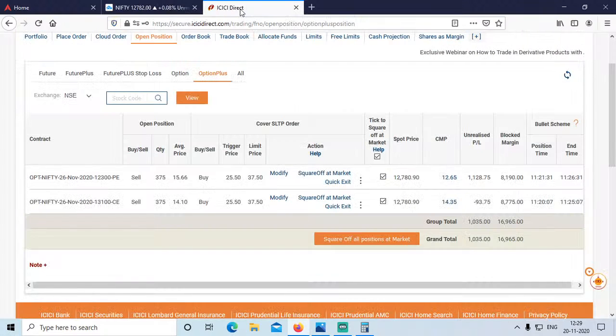Anyway, we are not worried about anything because we are safe in option selling. Our profit is 960 as of now.